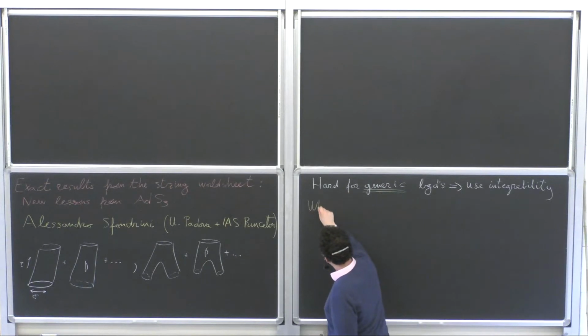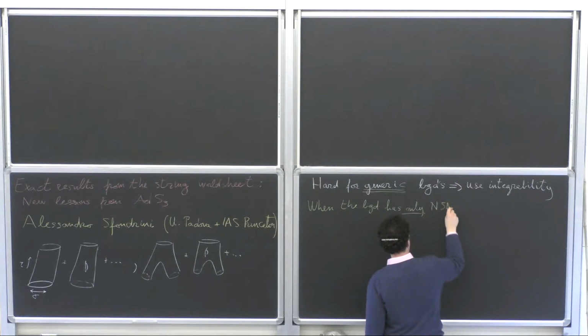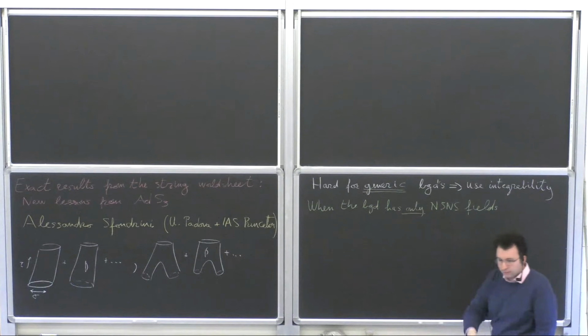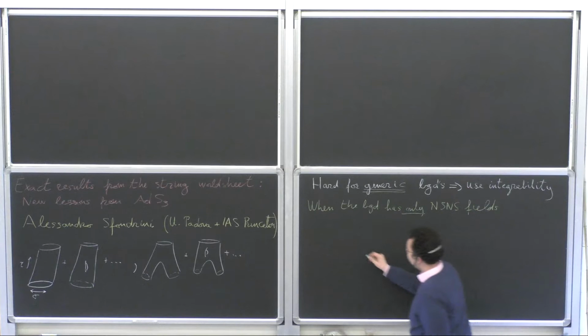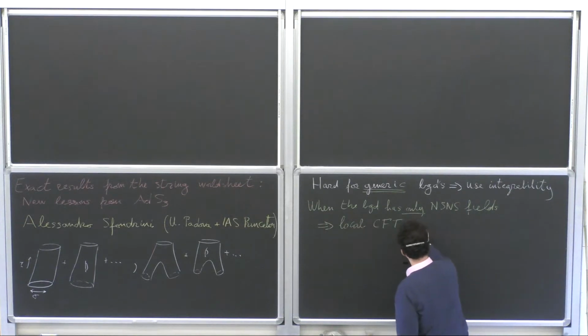So when the, again, BGD background has only what are called NSNS fields, which have certain boundary conditions on the worldsheet of the string, then we get a local CFT in 2 dimensions, or 1 + 1 dimensions, on the worldsheet.